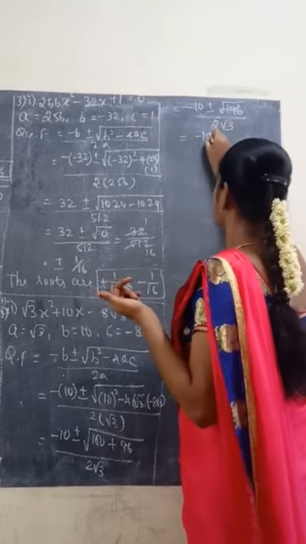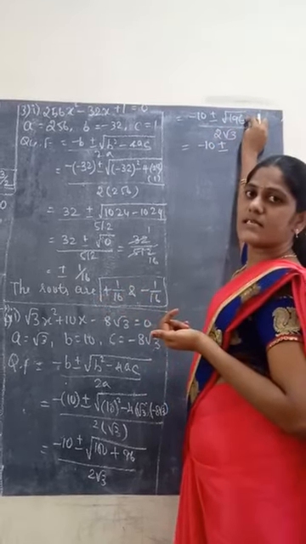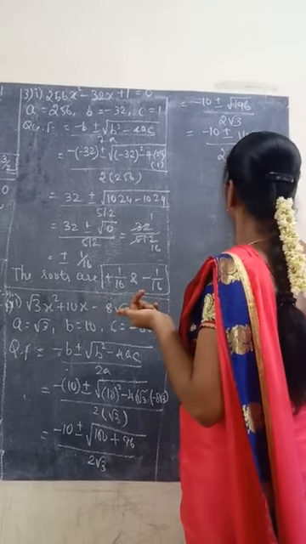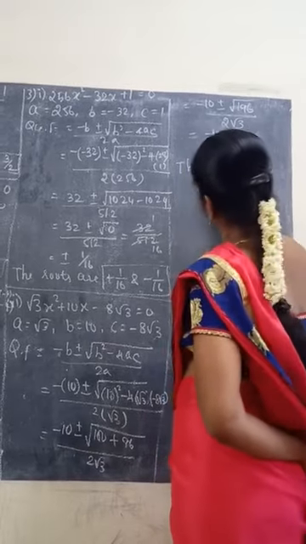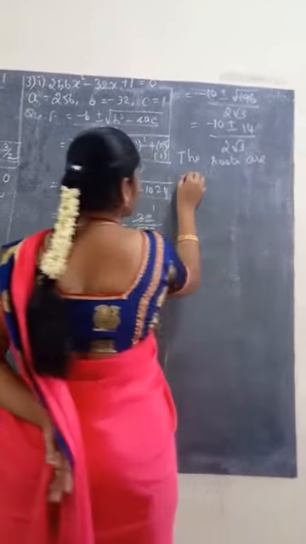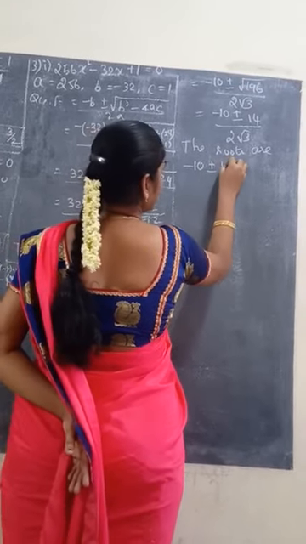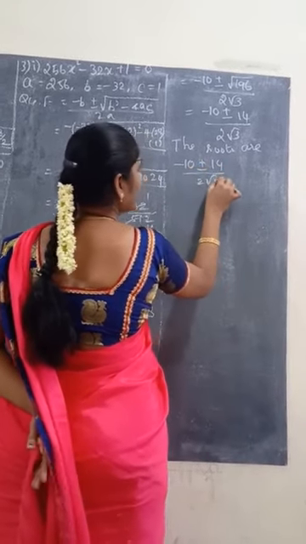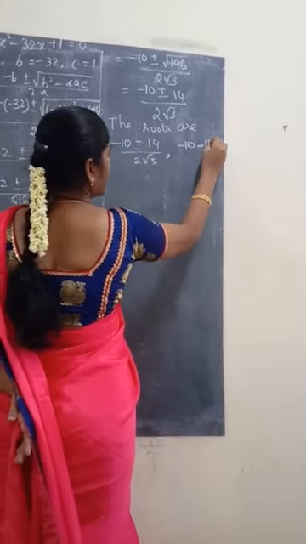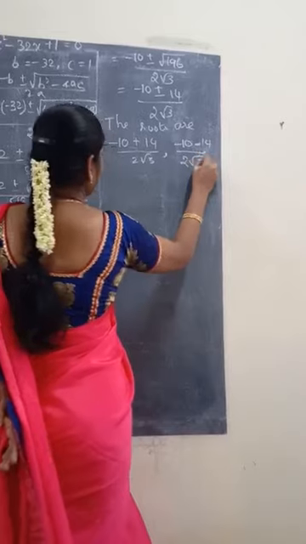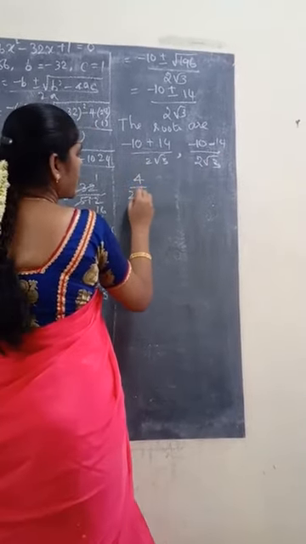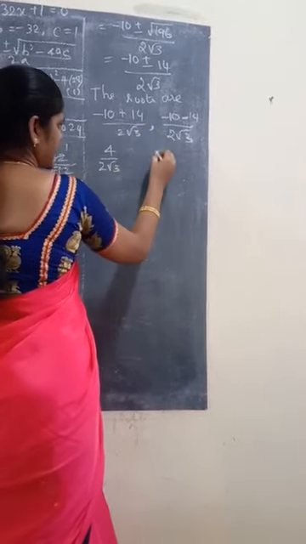Next, minus 10, 196 is the square of 14, so 14 by 2 root 3. Now the roots are, listen, minus 10 plus or minus 14 by 2 root 3. So minus 10 plus 14 by 2 root 3, minus 10 minus 14 by 2 root 3.